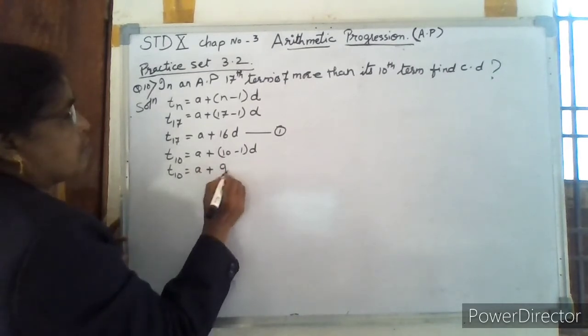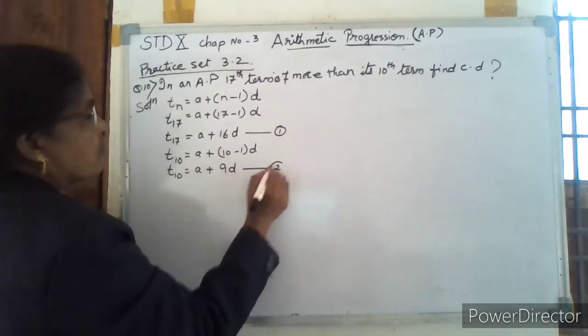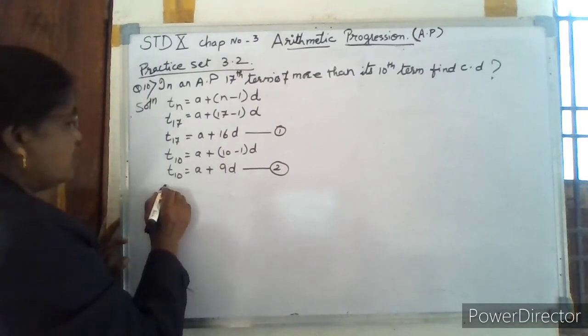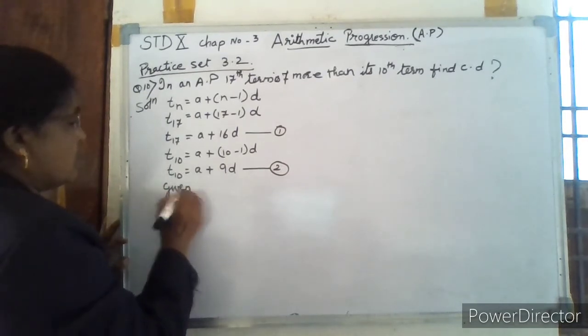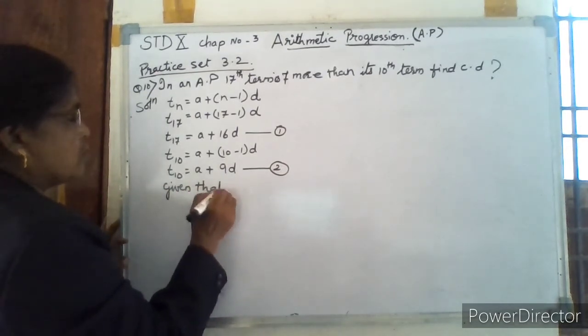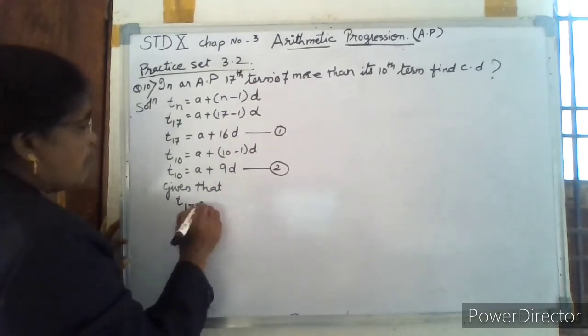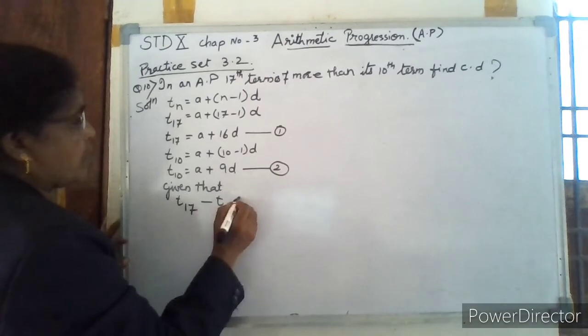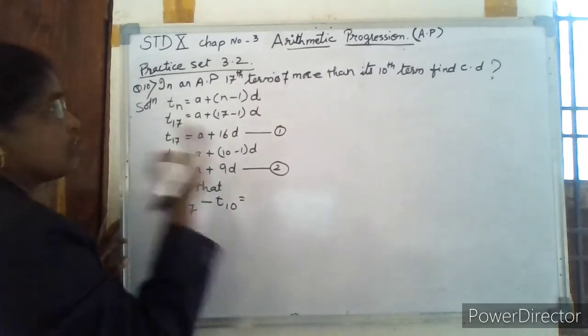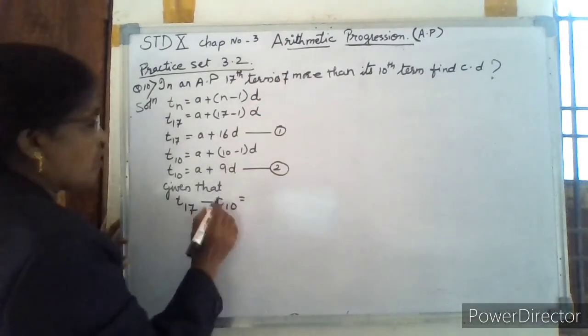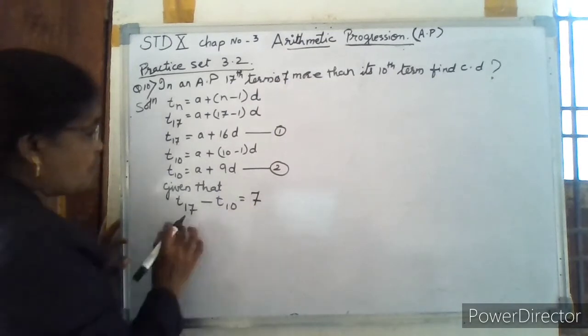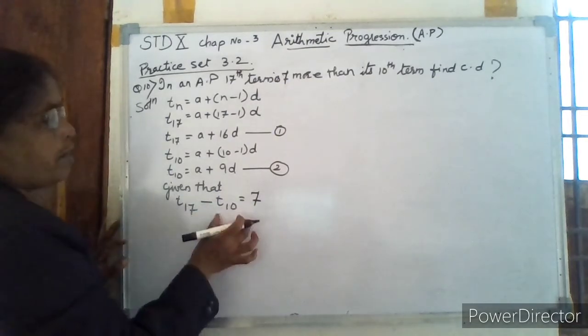This is the second one. It is given that the 17th term minus the 10th term, that is, the 17th term is 7 more than the 10th term. So the difference, 17th term minus 10th term, is equal to 7.